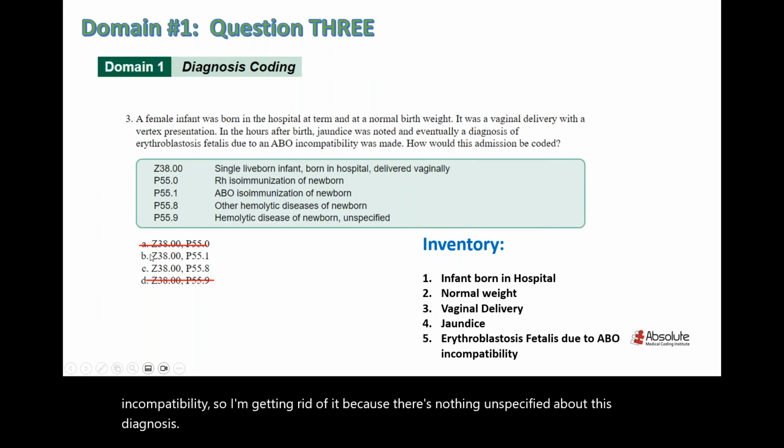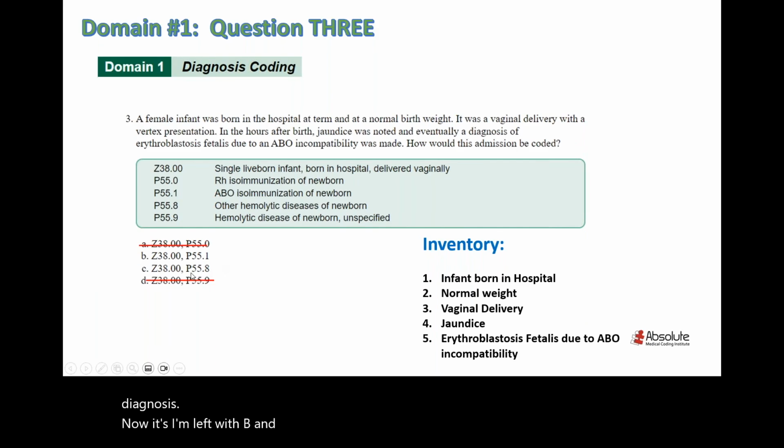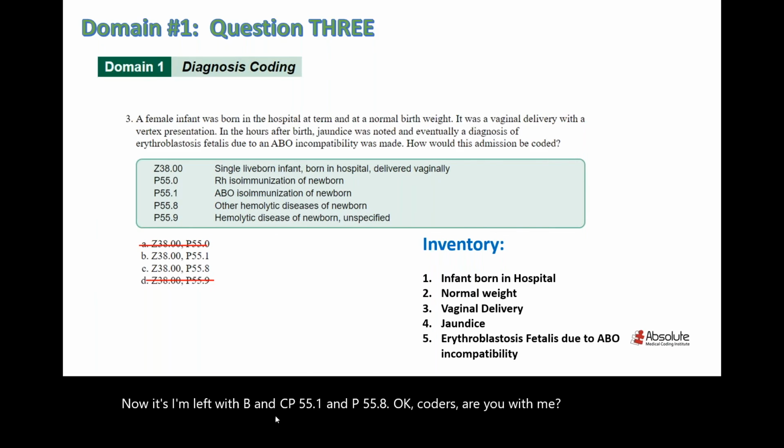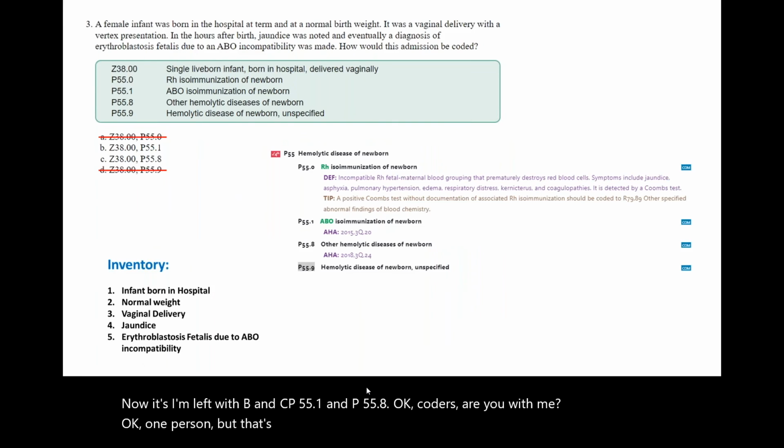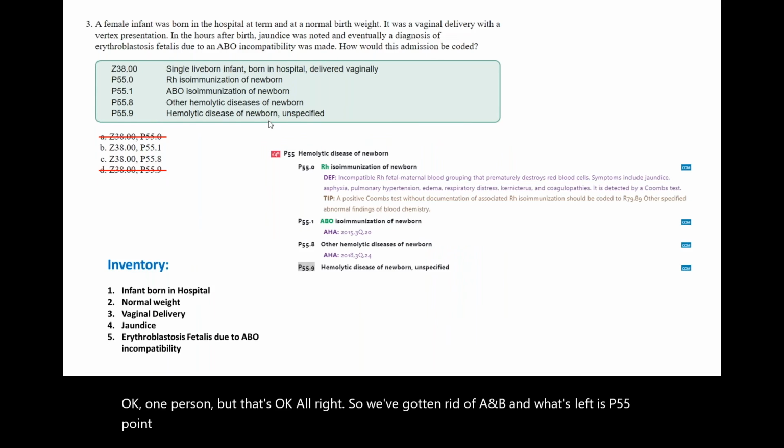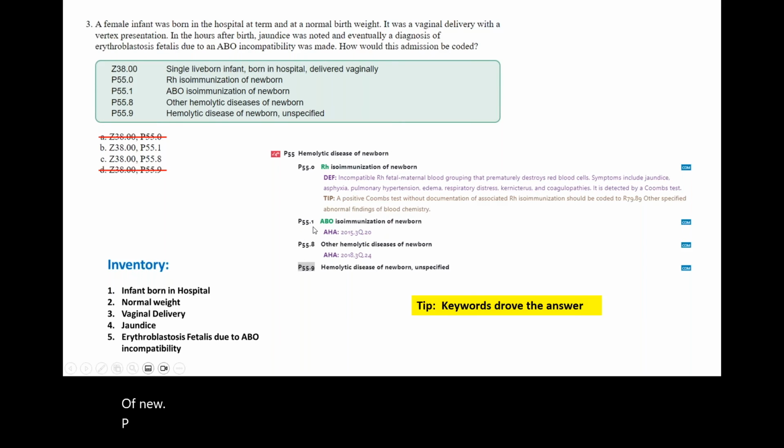Now I'm left with B and C, P55.1 and P55.8. Okay, coders, are you with me? Okay, one person, but that's okay. All right. So we've gotten rid of A and D, and what's left is P55.1 and P55.8. If we go to hemolytic disease of newborn, P55.1 is there, and so too is P55.8.